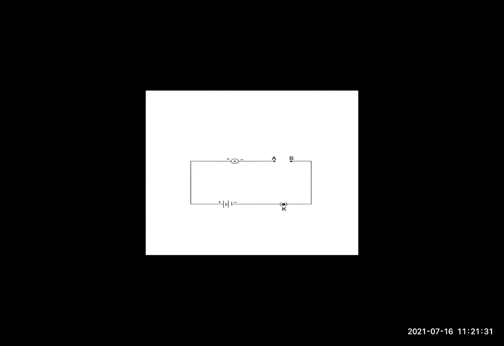Now students, look at the next diagram shown on the screen. The materials we are using here are copper, aluminum wire, glass rod and rubber. You have to make the connections as shown in the diagram.